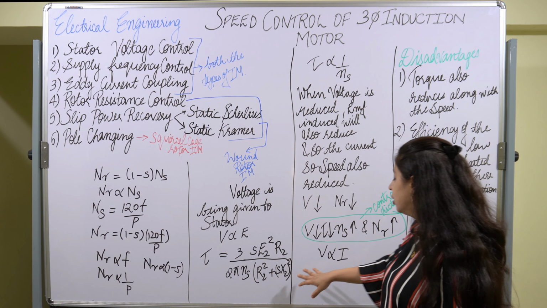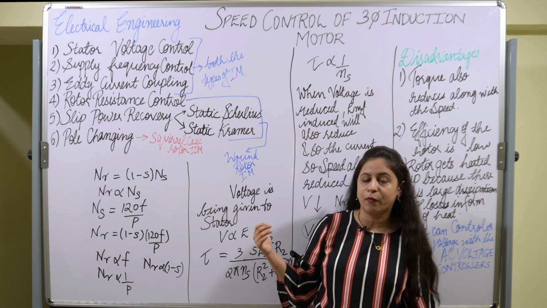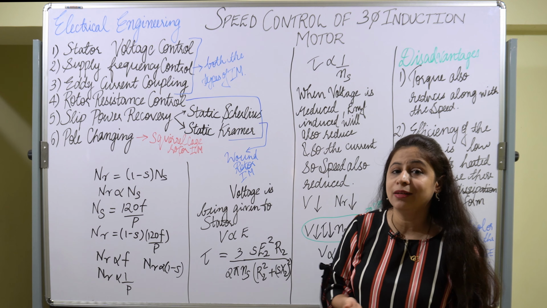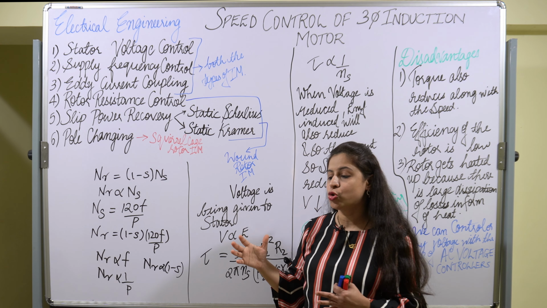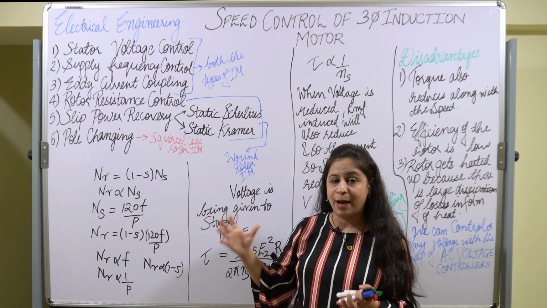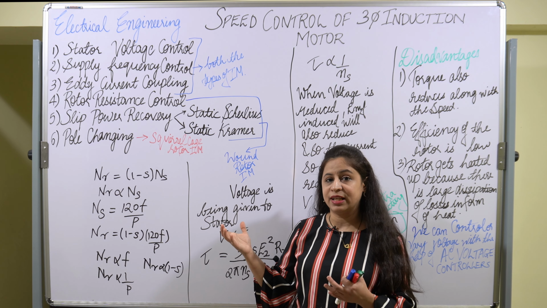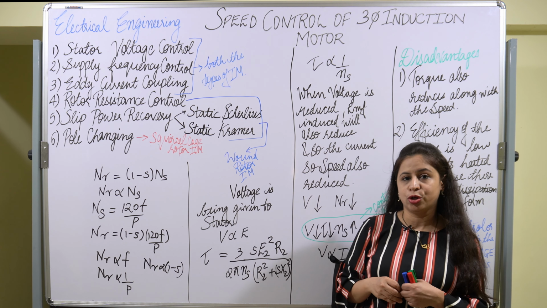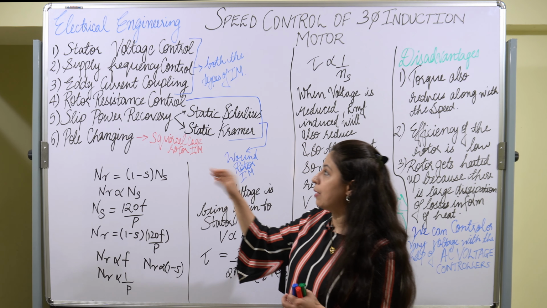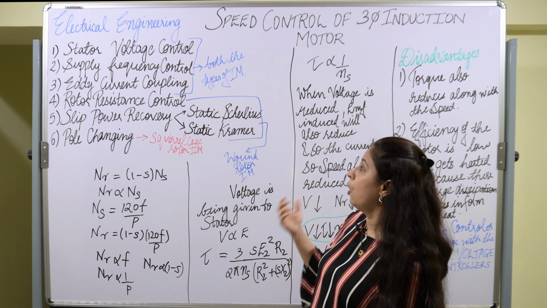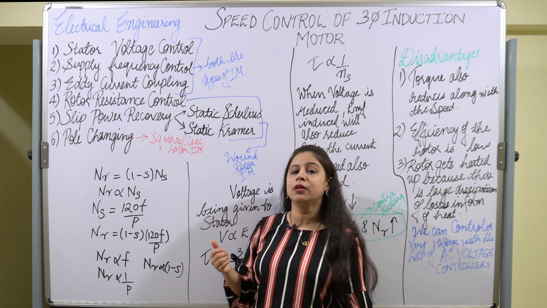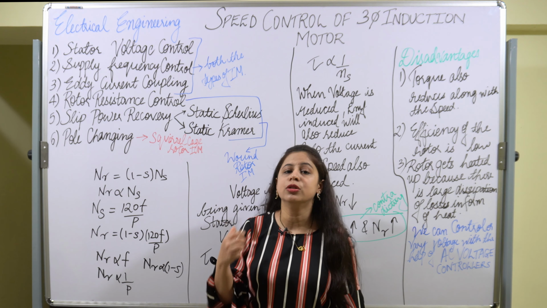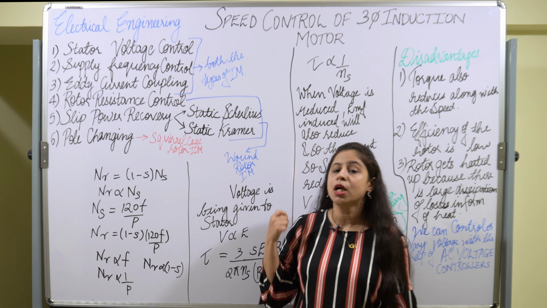But here in this type of speed control, the torque is also reduced when applied to applications such as fans. So we came to know that in this method, when the speed is reduced, the torque also reduces. This was a major disadvantage of this method.